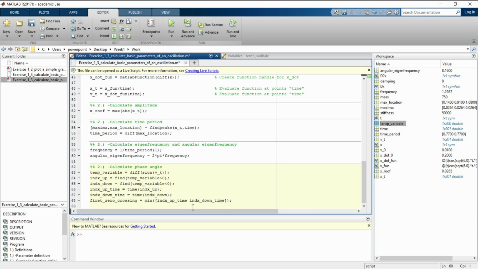Now we have actually all we need. We have the angular eigenfrequency and we have the time phi, which is the first zero crossing variable, and therefore we can now calculate the phase angle in radians.